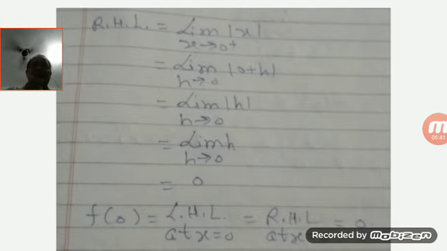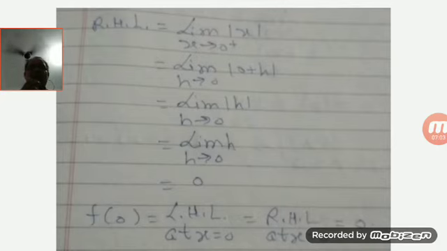Now we can find the right hand limit. Limit of modulus of x, x tends to 0 plus, is equal to limit of modulus of 0 plus h, h tends to 0, is equal to limit of modulus of h, h tends to 0, is equal to limit of h, h tends to 0, is equal to 0.